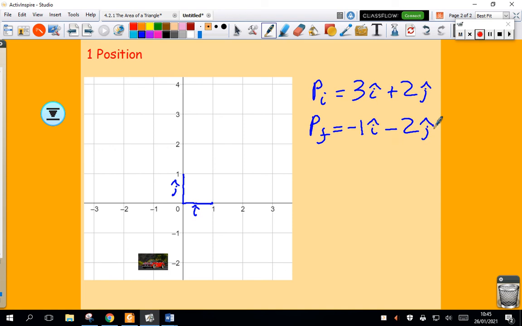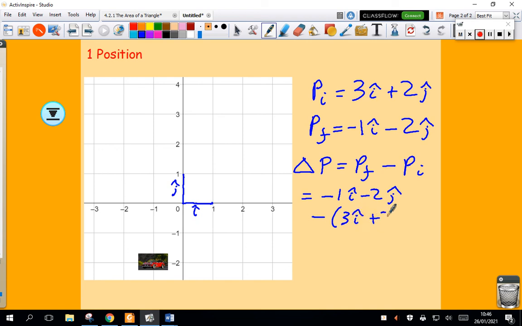And again, we're always interested in the change of things, so I'm looking at the change in position. Here will be my final position subtract my initial position. So final position, -1 i hat minus 2 j hat, subtracting my initial position, which is 3 i hat plus 2 j hat. I'm going to open the brackets.